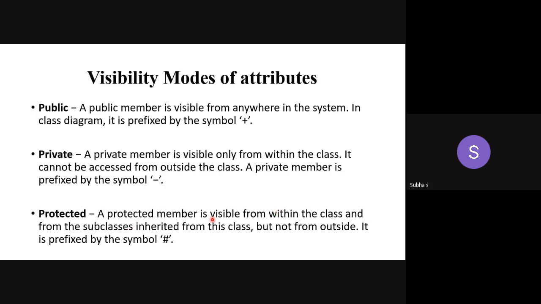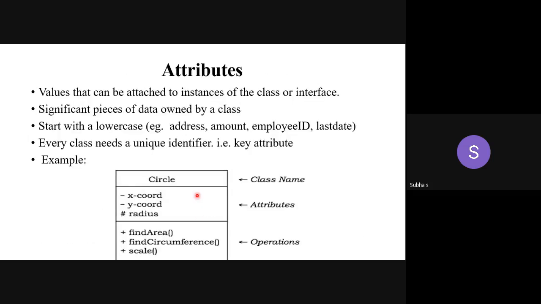A protected member is visible within the class, but also visible from the subclasses inherited from its superclass, but not from the outside. Yes, it is mainly used for inheritance. Suppose I am inheriting two subclasses from a parent class, and I want to access the member variables of that particular parent class, then I can make it protected.